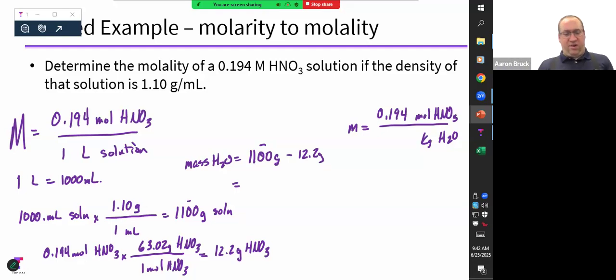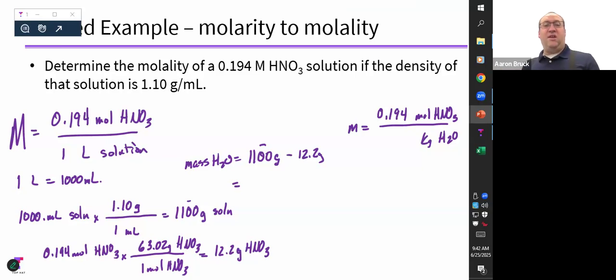Here's where sig figs are going to come in and perhaps be a little bit interesting. Since our density was only known to three significant figures, the tens place is the last significant digit in the water.